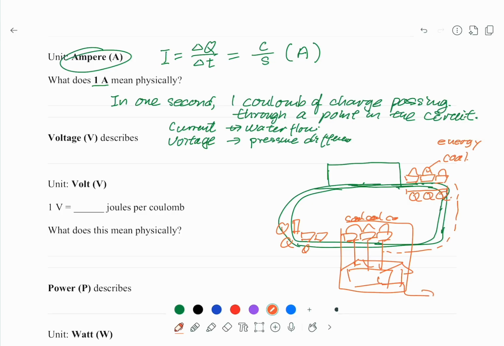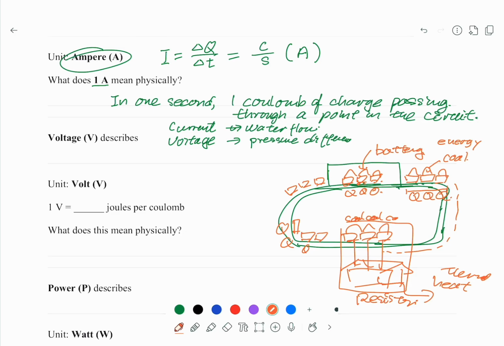So this becomes thermal energy, and this is where the resistor is. The train will pass through here, the energy will be released here, and this is our battery.